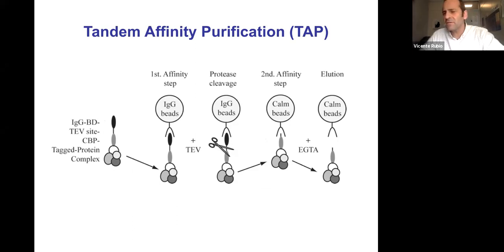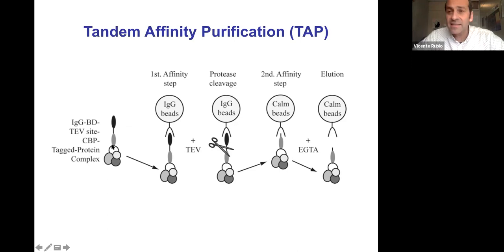This was about 2001, I think, by Gavin and collaborators, who used this system originally in yeast to characterize the interactome of yeast. And this was actually a milestone in the study of proteomics, by setting up this technique that afterwards was transferred to other biological systems.